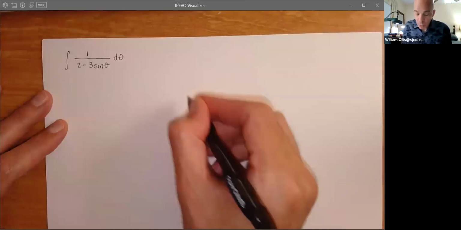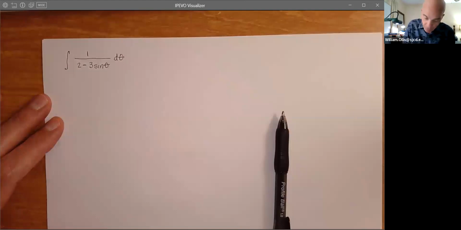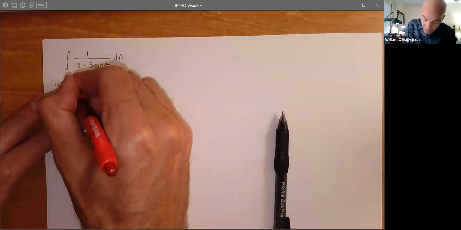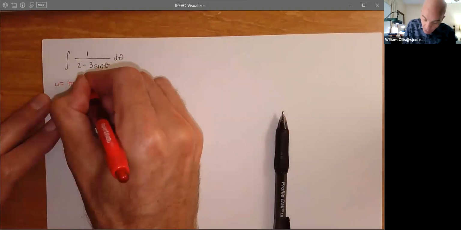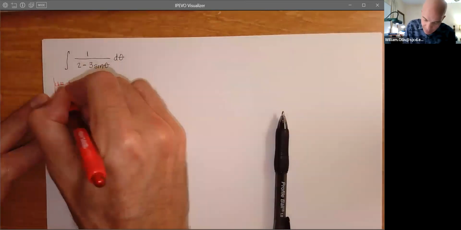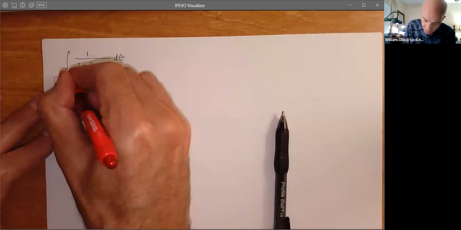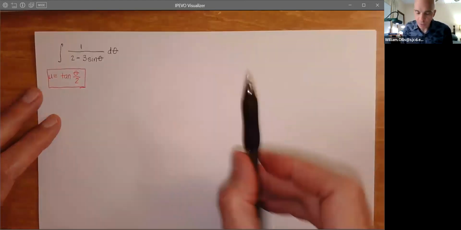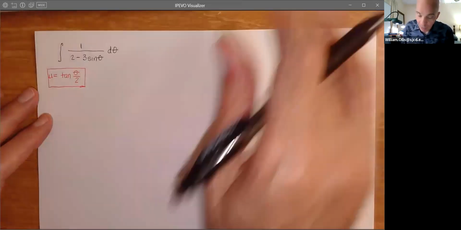So now just remember, when we set this up, I'll write this in red, u will be the half angle formula, tangent of theta over 2, like we had x over 2. I think in the notes I actually write this up in x. I think I just probably got lazy and didn't use the theta. But there's the substitution. Now you don't start from scratch, you just use the formulas that we just derived. So we have them handy.